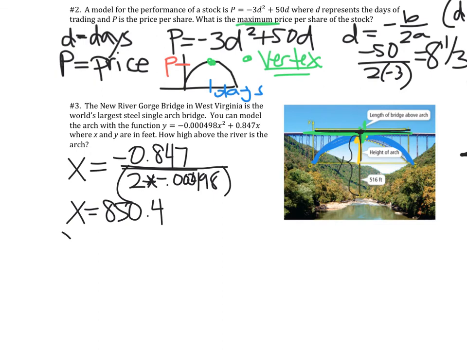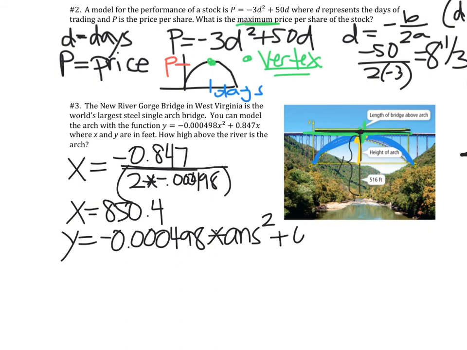And what we do is we're going to take that 850.4, and that's rounded. We're going to plug that in, but we're going to do the same thing that we did the last problem. We're going to do negative 0.000498 times the answer, and you know what? You don't need parentheses, times ans squared plus 0.847 times ans.